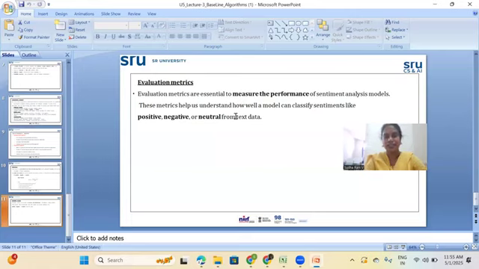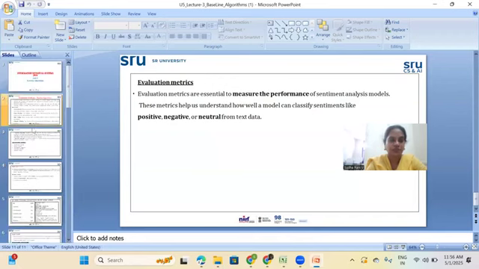Like A grade above 75 to 80%, B grade from 65 to 75, C grade 55 to 65, and so on. Whatever values we assign for the performance are considered the evaluation metrics.